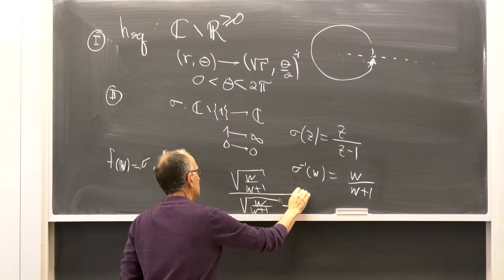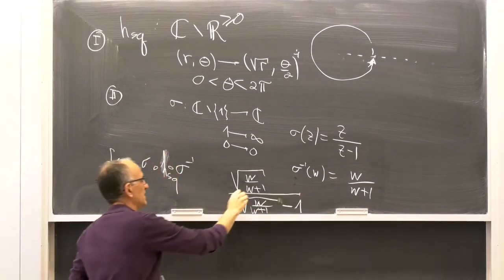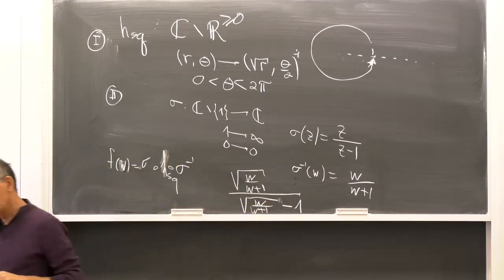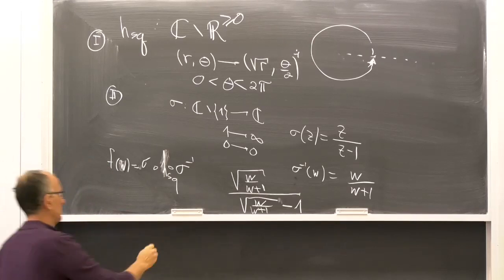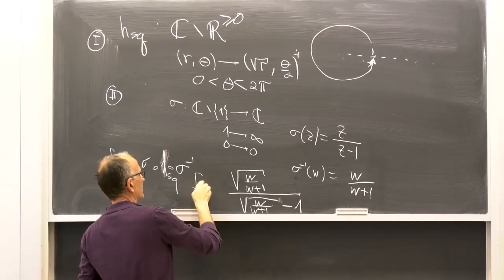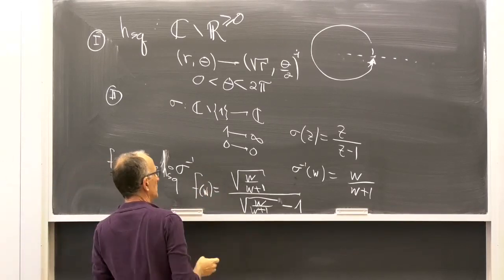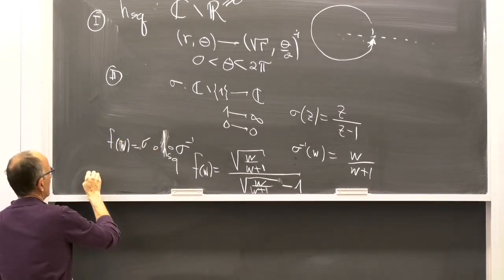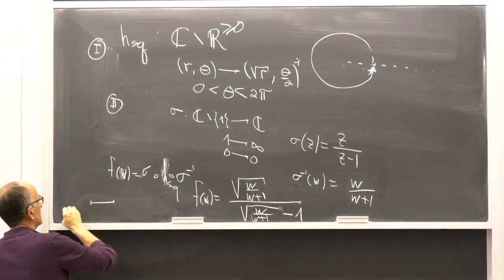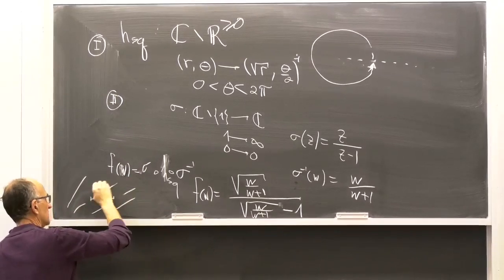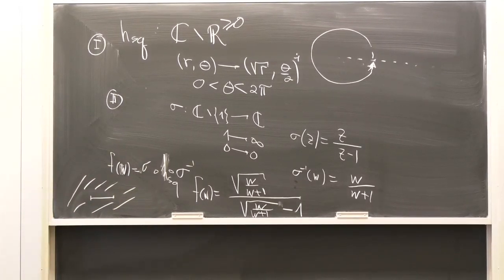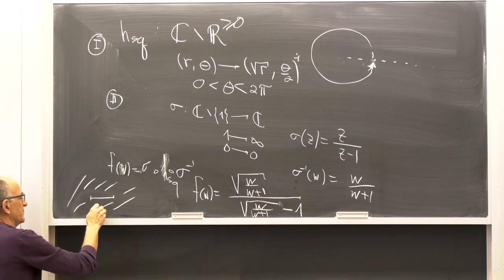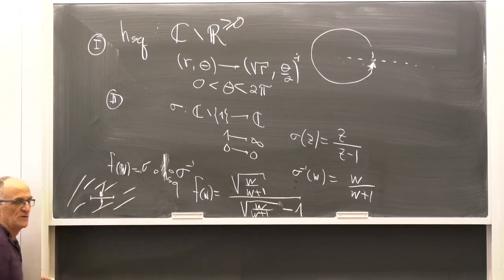If I'm not mistaken, this function is defined on the whole of C minus the interval [0, 1], and it's bounded, but it takes different limit points when you approach from here and here.